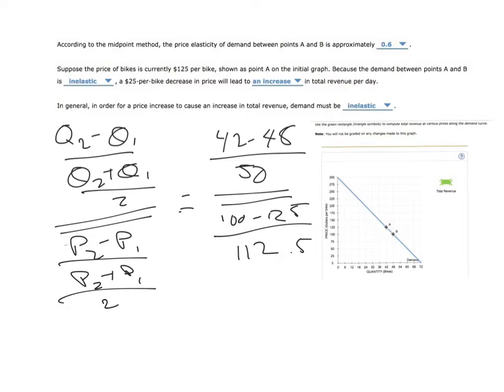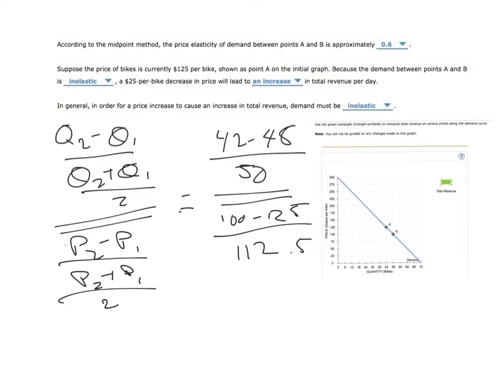That between point A and point B, where prices were 100 and 125, that's in the inelastic portion of the demand curve. So you don't actually have to work this all out to answer this question. You can just look here and pick the inelastic number, the one that's less than 1. But we'll be good students and we'll actually do the math.